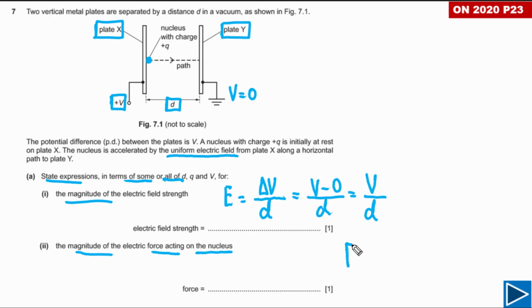So the force will be F equal to EQ, and Q is the charge on the nucleus. It is also given that the charge on the nucleus is plus Q. E we have already, so we can replace E with V divided by d, multiplied by the charge on the nucleus. So this is our answer for the second part.